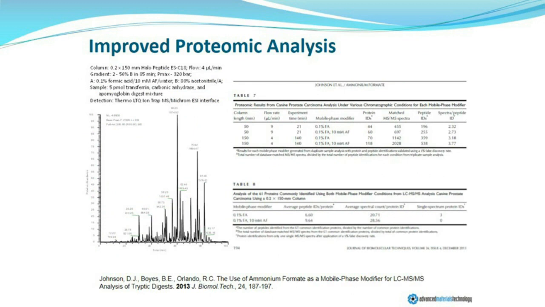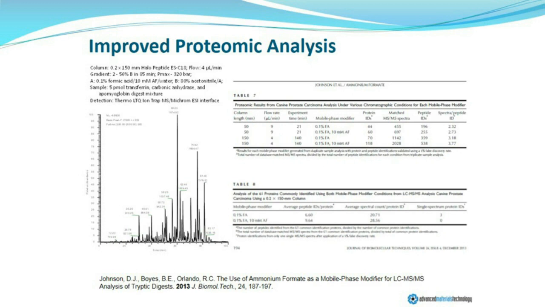So what we did was undertake a proteomic analysis, in this case, looking at synthetic proteolytic digests, a mixture of proteins that were trypsin digested, and then look at essentially the statistics of the proteomic analysis in terms of IDs that could be obtained, number of peptides that could be identified, and corresponding proteins, as well as sequence coverage.